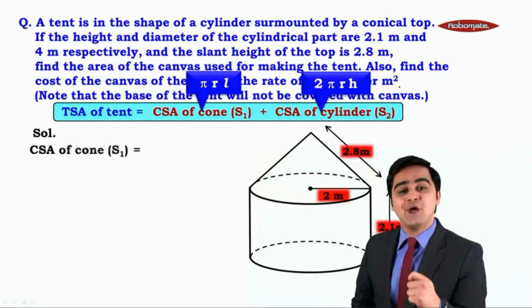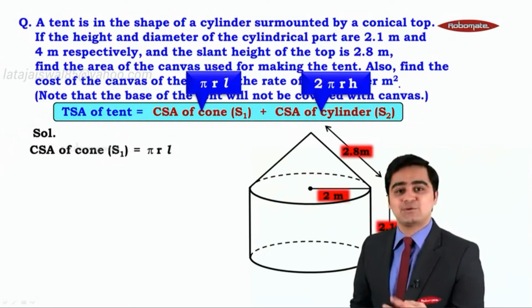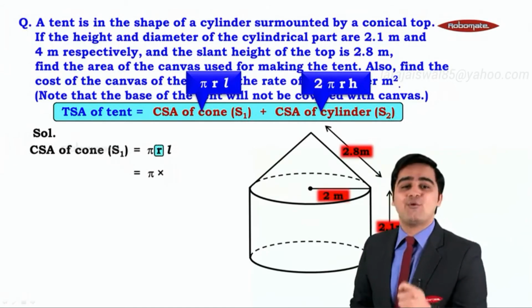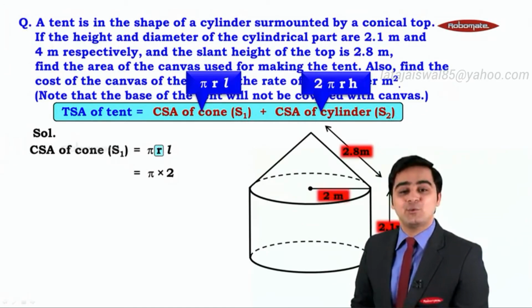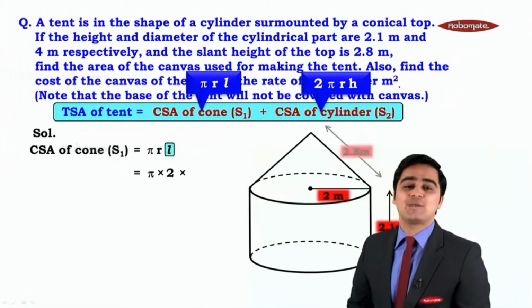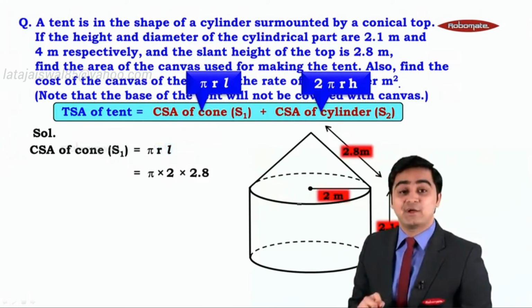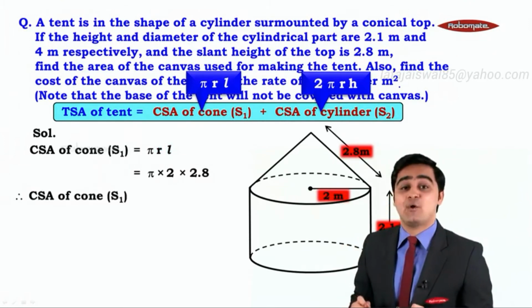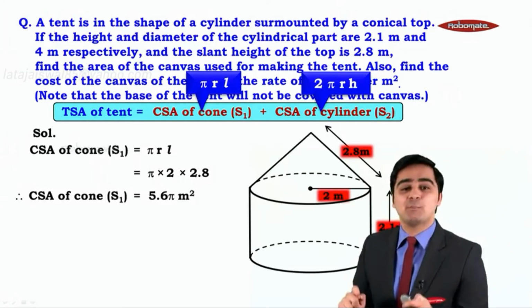The formula is pi RL. Let us do the substitution. We know that the radius of the conical part is 2 and the slant height of the conical part, yes, it is 2.8. 2 into 2.8 is 5.6. So we have curved surface area of the cone, that is S1 equal to 5.6 pi meter square.